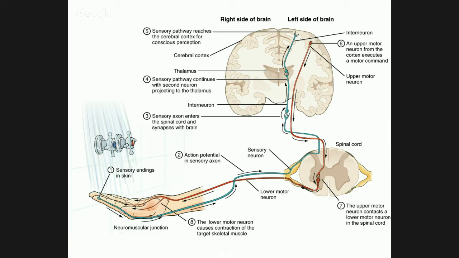At the site where the sensory stimulus is activating the endings in the skin, that change in membrane properties is called a generator potential. It generates the signal. And then once it's traveling along the axon, it's called an action potential, which is going to travel all the way along here until it gets to the end of the axon here.